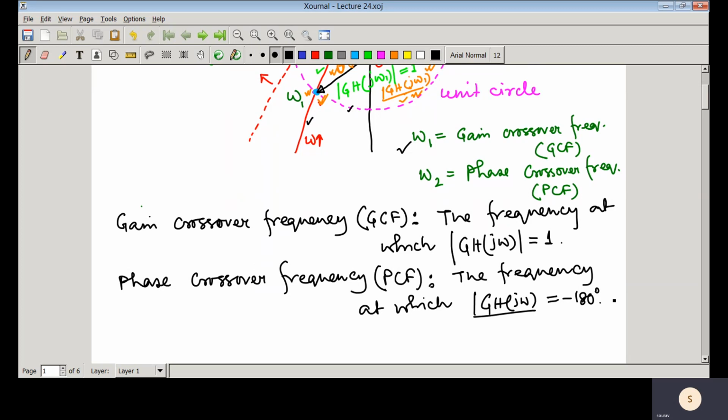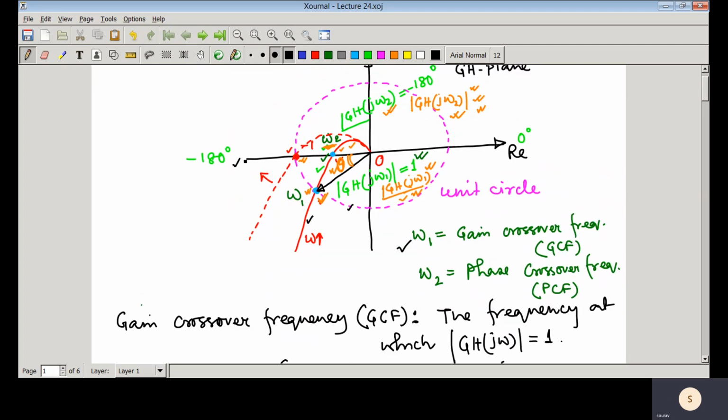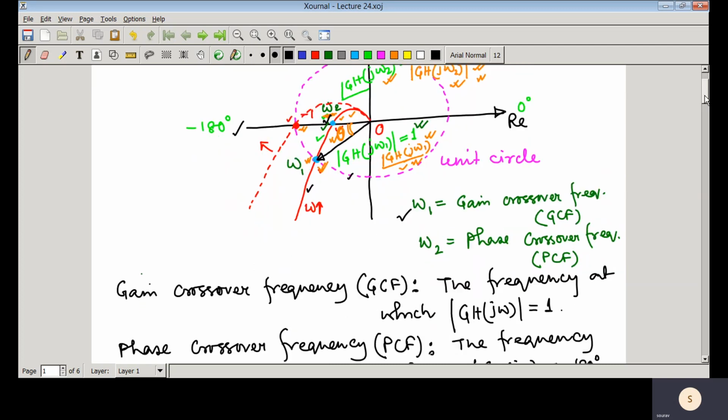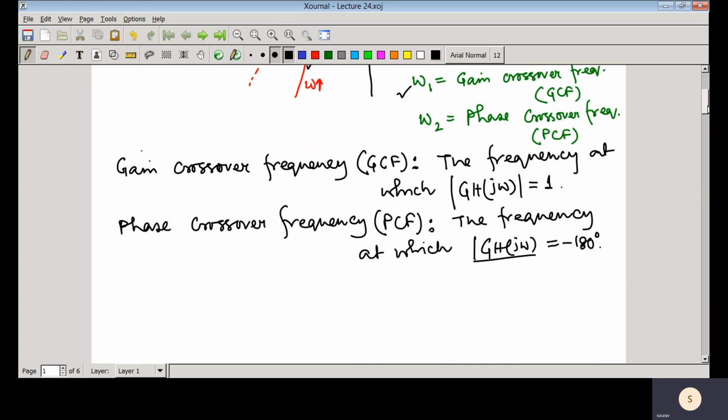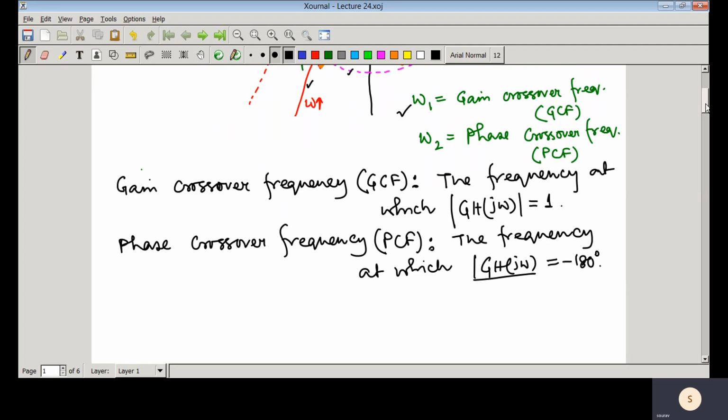That means this is that frequency where it crosses that negative real axis that we have discussed here. That negative real axis is actually minus 180 degree point, and here we have seen that W equal to W2. So this is that point where it crosses minus 180 degree, and this frequency is called phase crossover frequency.